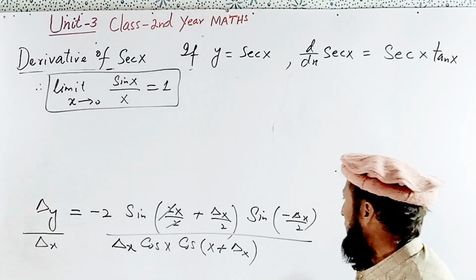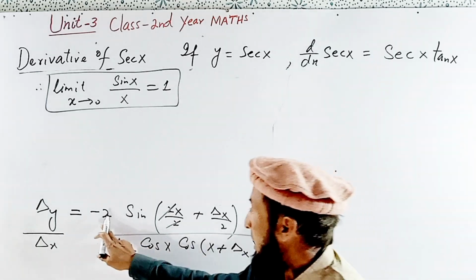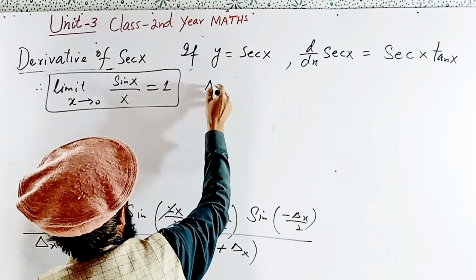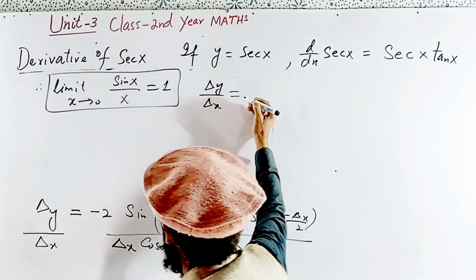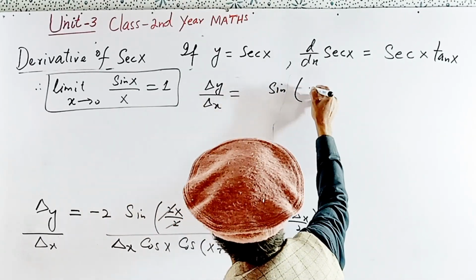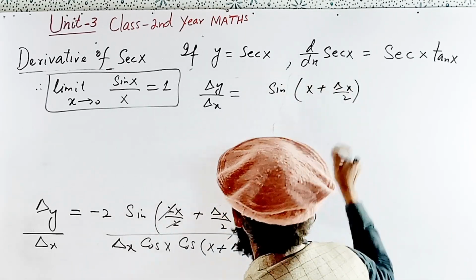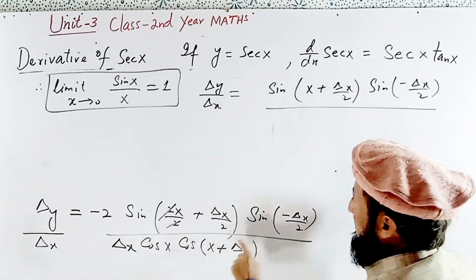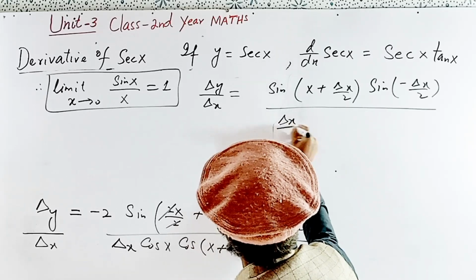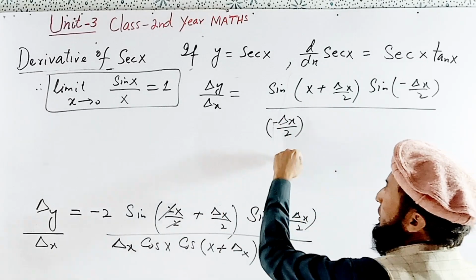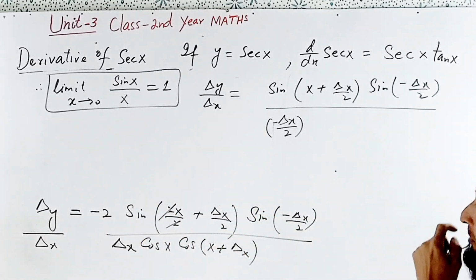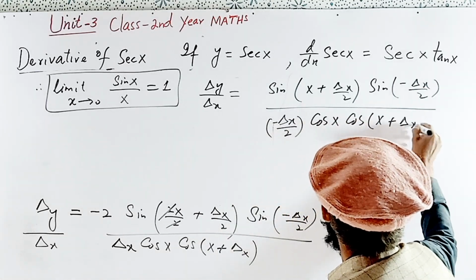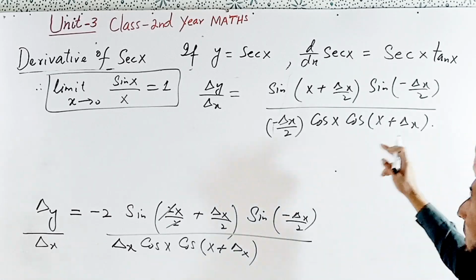We can write the given term in the form of this formula. So delta y divided by delta x is equal to minus sin of (2x plus delta x) divided by 2, into sin of minus delta x divided by 2, and this minus 2 we can write as delta x divided by minus 2, because if we change into the reciprocal, the sign stays, and we get minus 2 cos of x and cos of x plus delta x. Now we arrange this term according to this limit.